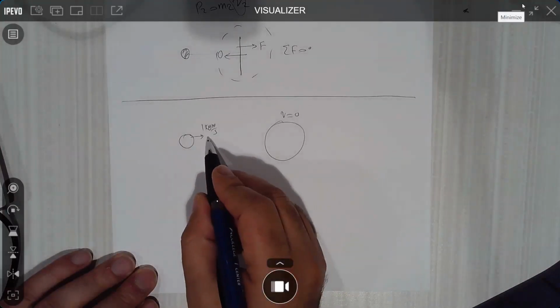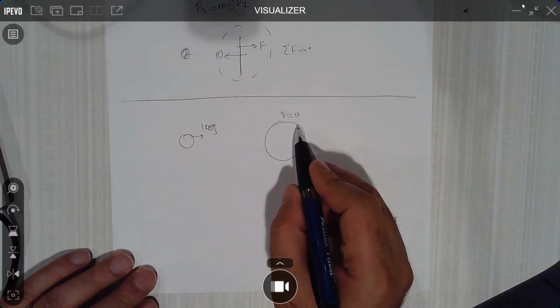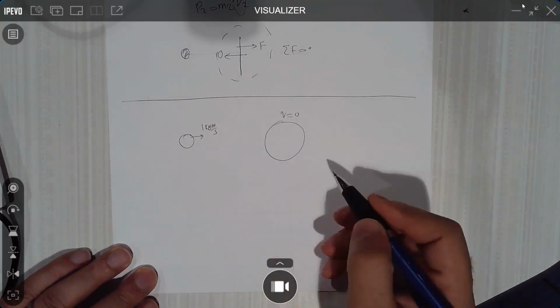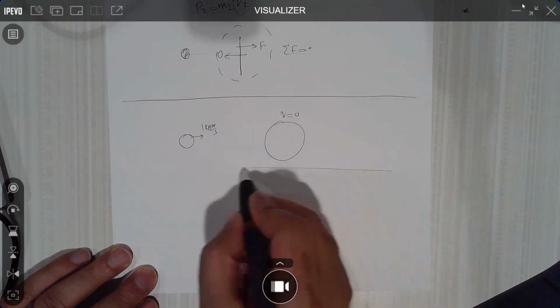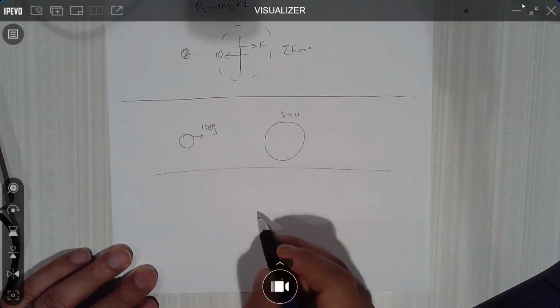Okay, 1 kilogram meter per second, yes? And this one, no momentum. After the collision, let's say this is a collision question, we would like to see what happened exactly to the momentum of the bowling ball.